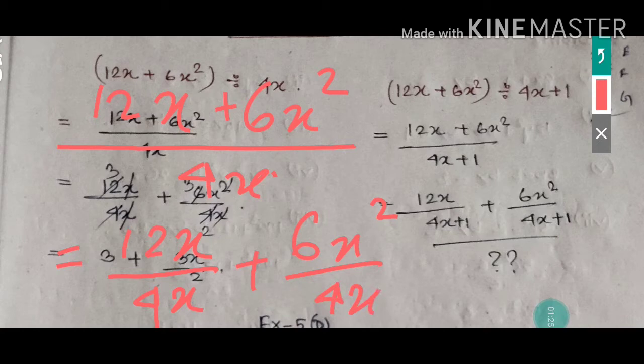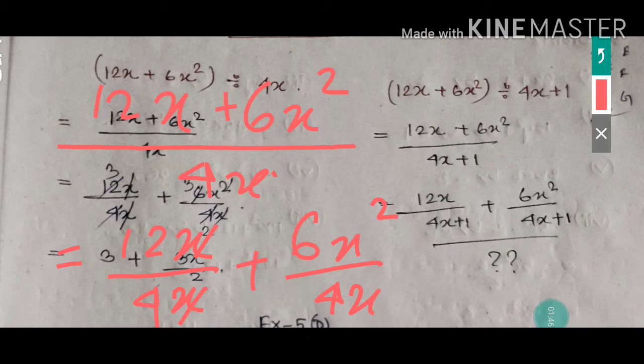That means this monomial term 4x is in the denominator of both numerator terms: 4x is the denominator of 12x, and in the case of 6x square, 4x is also the denominator. So we can split the terms of the numerator like this.